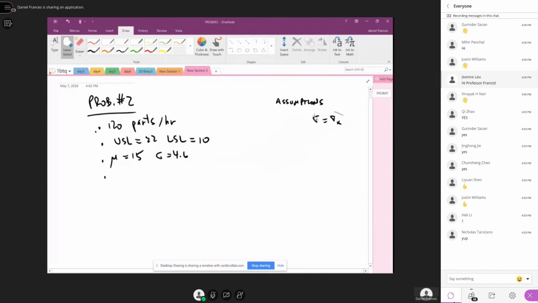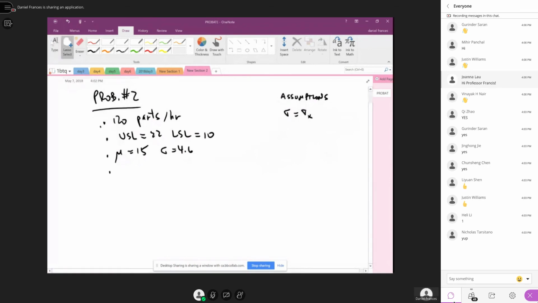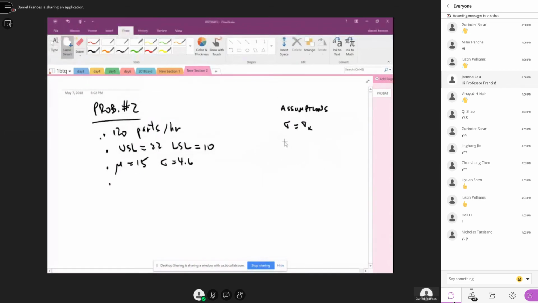And I can again play this game, and it's there, okay, and that's one assumption. I'm going to assume that it's the expected defectives per day.